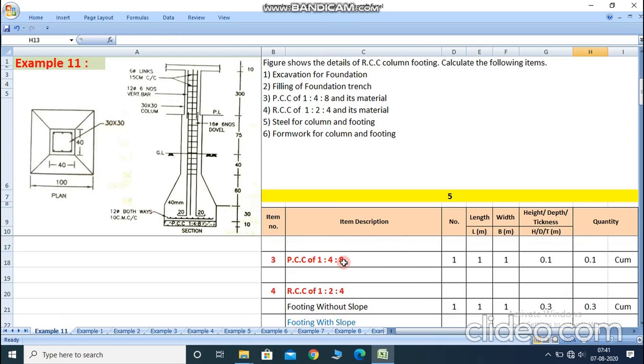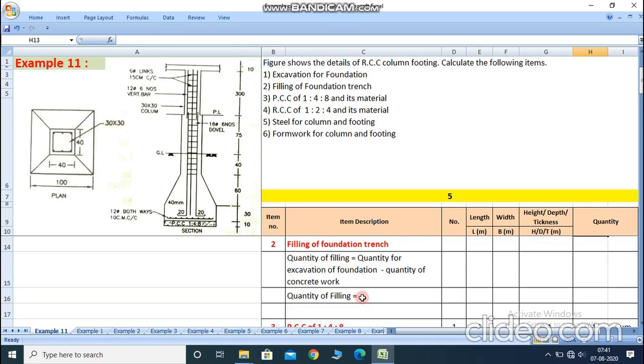So we write quantity of the filling is equal to 1.4 minus RCC and PCC work below the ground level. So minus PCC work, minus the sloping portion, minus the 0.4 by 0.4 portion.